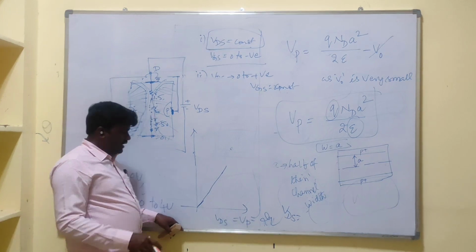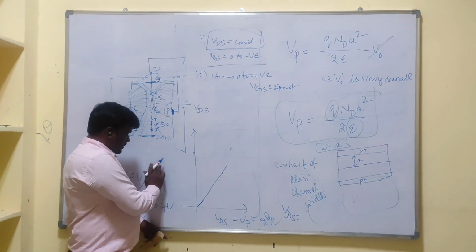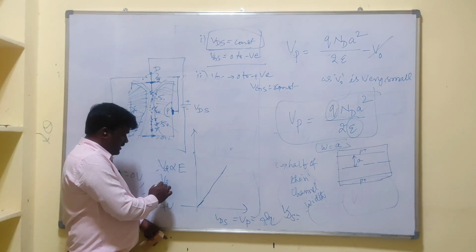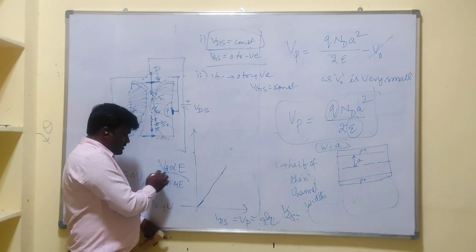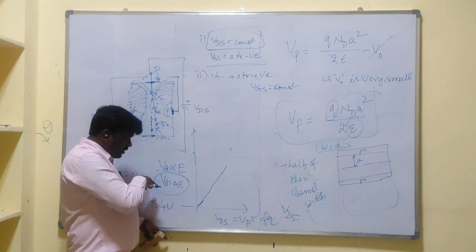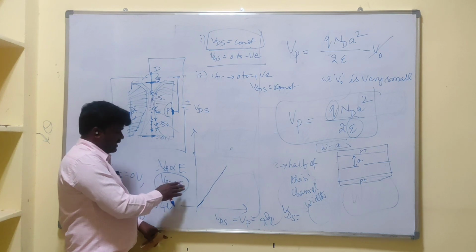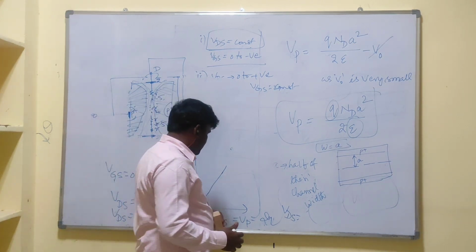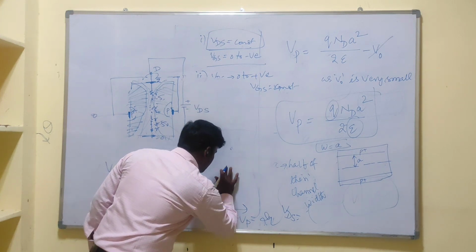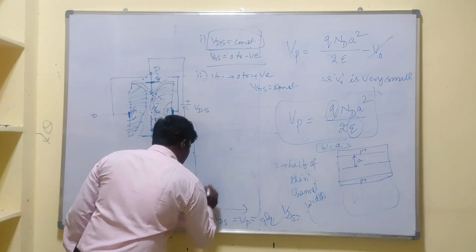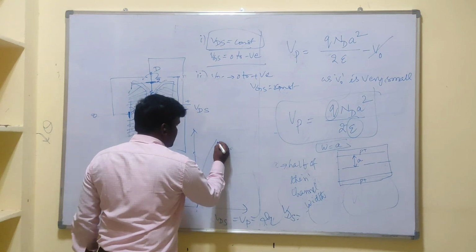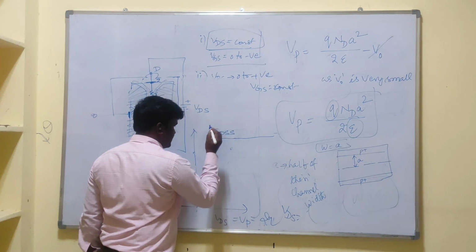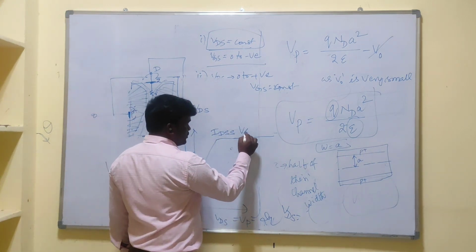The velocity of the charge carriers is directly proportional to the electric field, but for high electric fields we will get a constant velocity. As we get the constant velocity, we get the constant current. So that's why the graph will be like this, increasing and reaching the saturation value. That is known as IDSS, for VGS equal to 0 volts.